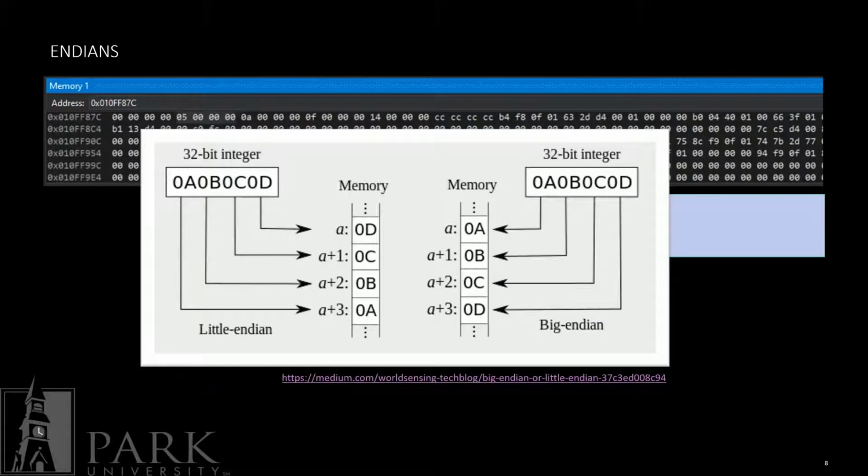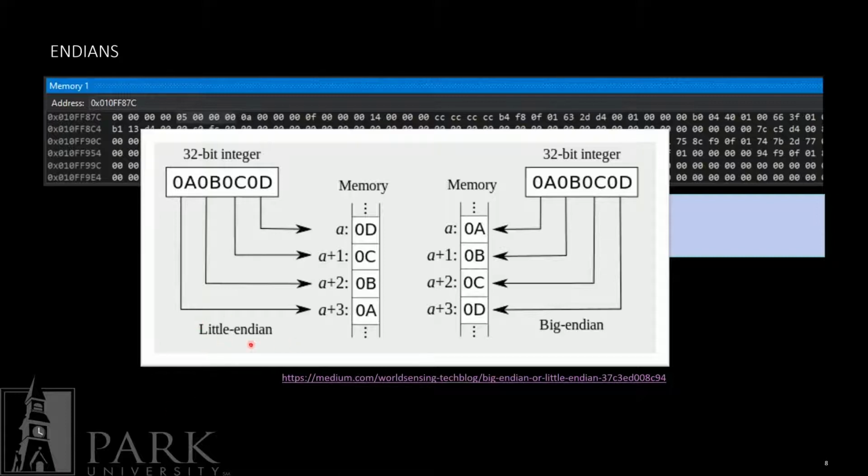In our case, we have a little endian, which is kind of backwards from how we would normally think about numbers, right? The number is broken up into 4 2-hex digit numbers that we've seen already, where the least significant bits are written to the lower address spaces, and the most significant bits are written to the higher address spaces, or the higher blocks of memory, as you can see here, right?